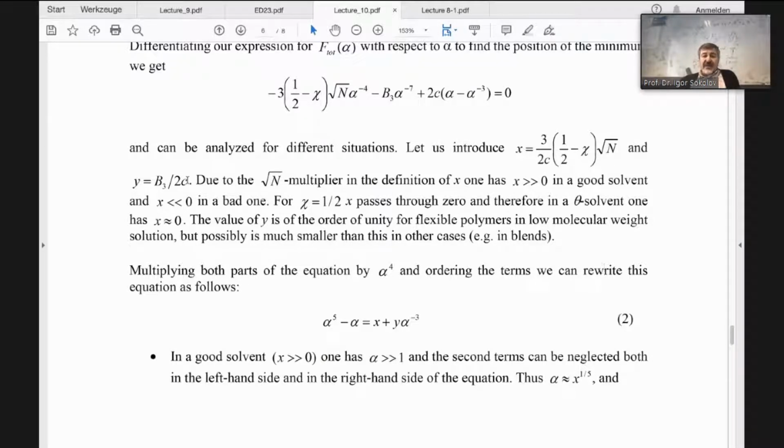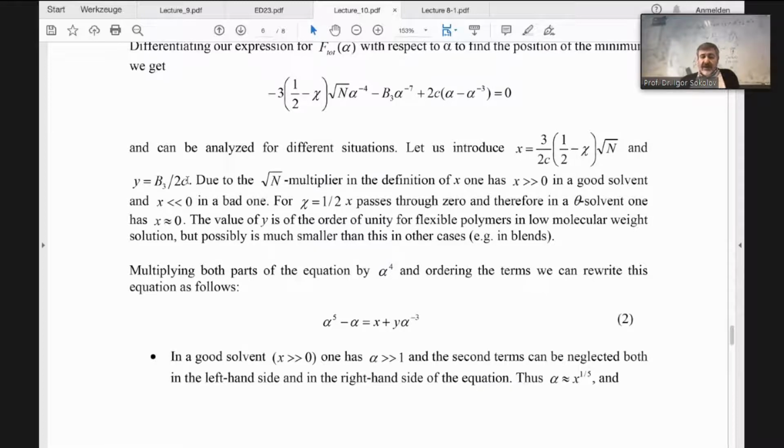B3 is 1/6 for the low molecular weight solvent, and it is 1 divided by 6N for an oligomeric or polymeric solvent, for larger solvent molecules.